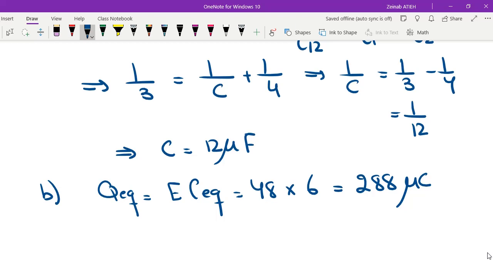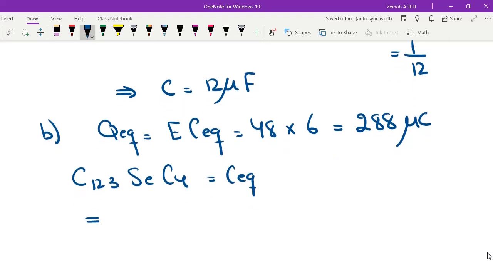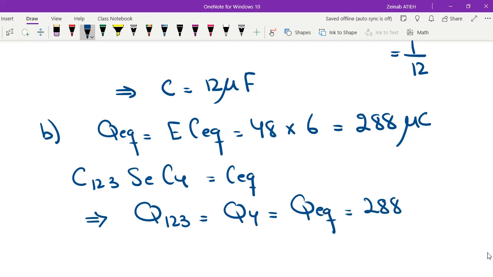Now I have Q equivalent. Who was in place of C equivalent? Instead of C equivalent I had C123 in series with C4. They gave me C equivalent, and since they are in series, it means that they have the same Q. Implies Q123 equals Q4 equals Q equivalent equals 288 microcoulomb.